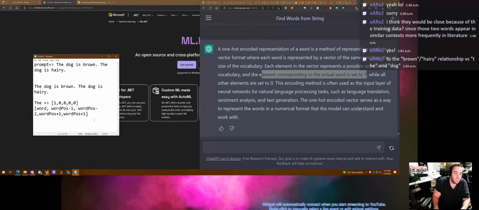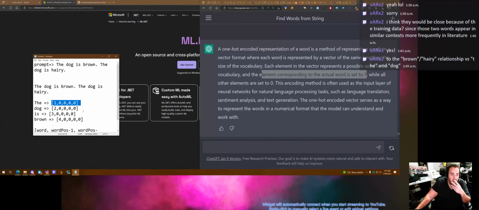So these would be 0. And now if the is this, and dog is this, and is, and brown, yeah, this is what we tokenize, and this would be our input, I think.